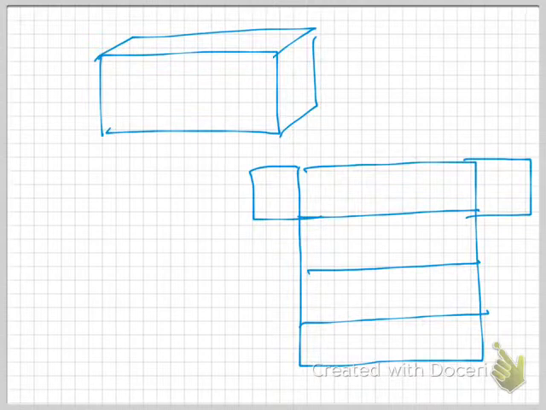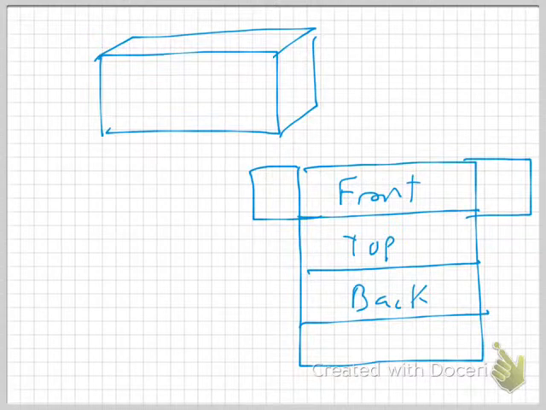I need you to look. Do you see what I'm talking about? This could be the front. This could be the top. This could be the back. This could be the bottom. And this is the left side, and this is the right side.